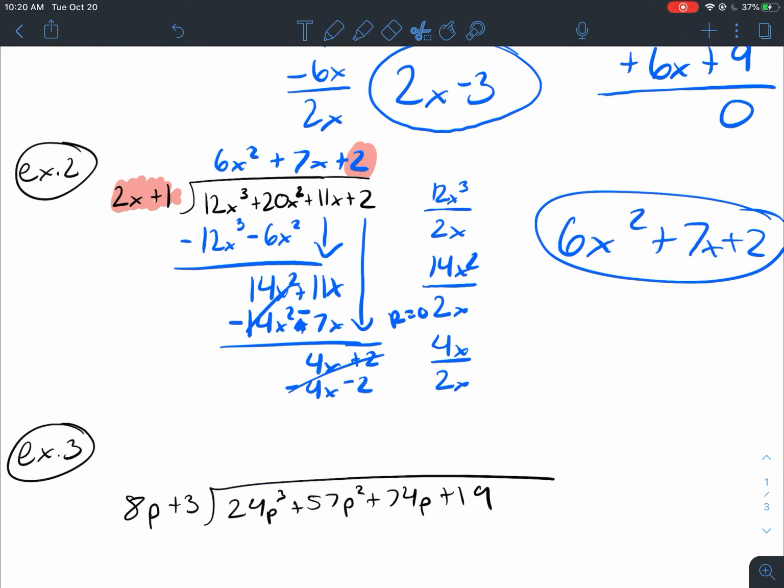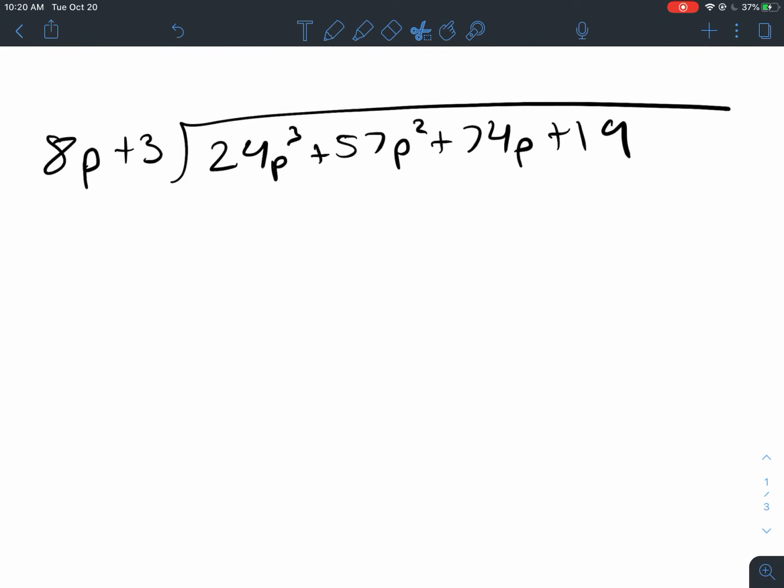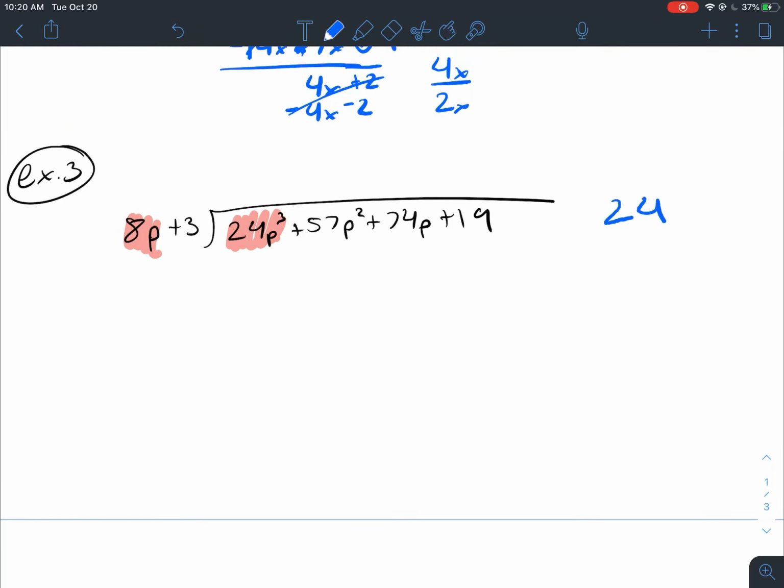All right, now we've got our last one here. We're going to do this number divided by this number. So we get 24p cubed divided by 8p.